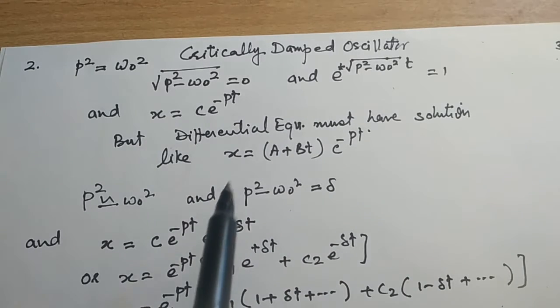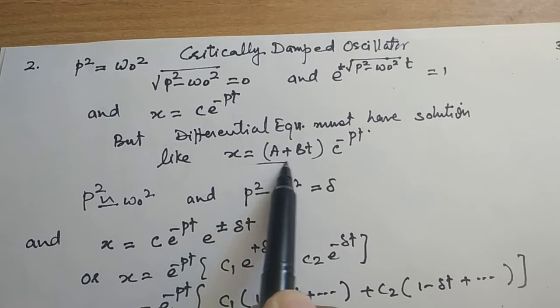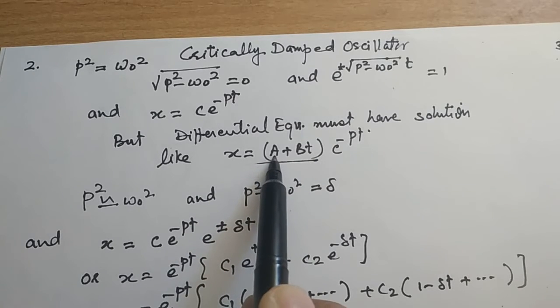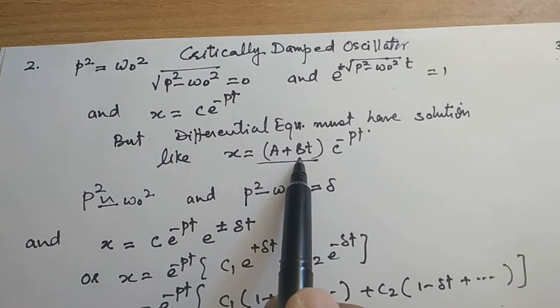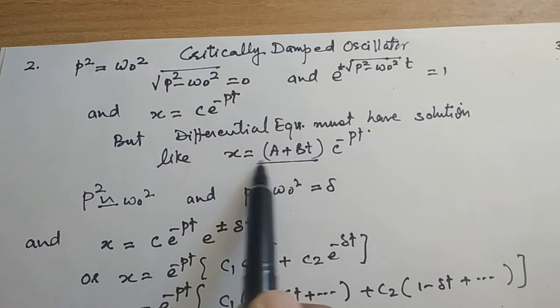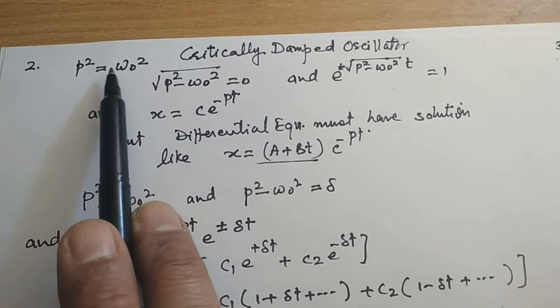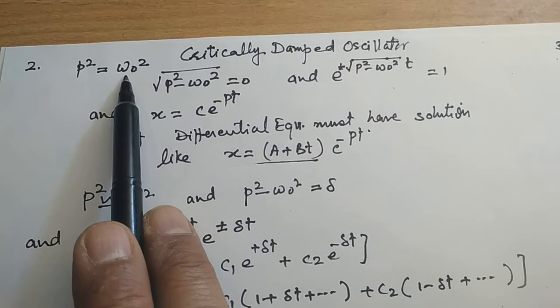And therefore the solution must be like this, in which A should have the dimension of length and B should have the dimension of velocity. And to find such a solution, we cannot take p square exactly equal to omega naught square.